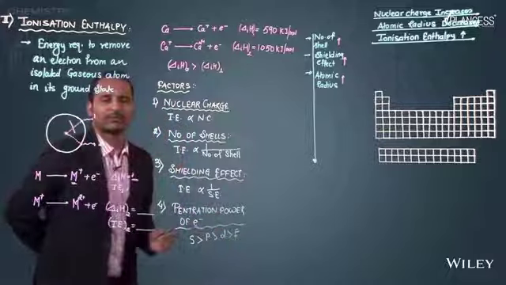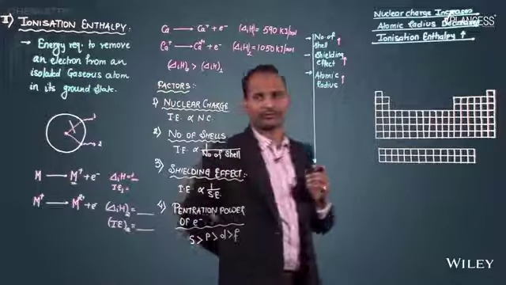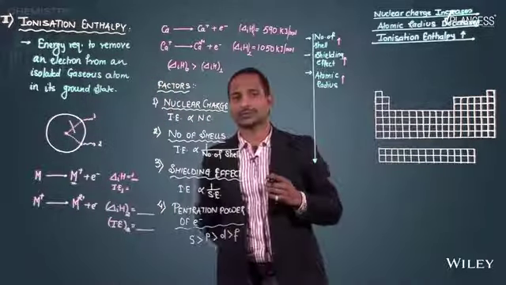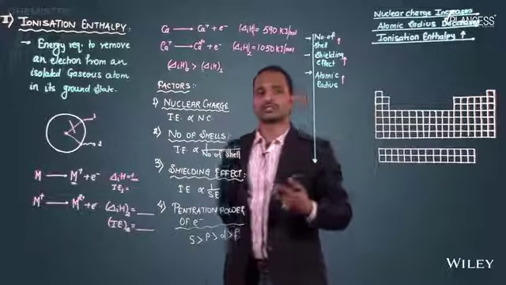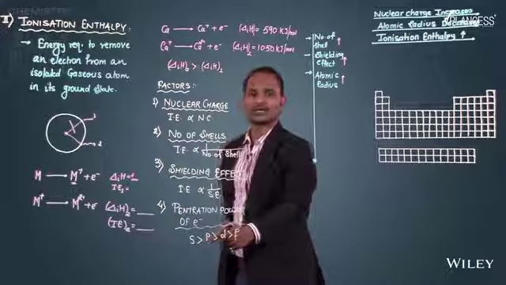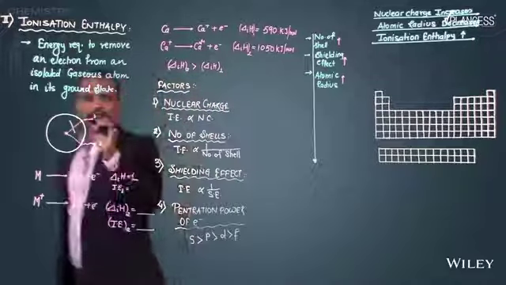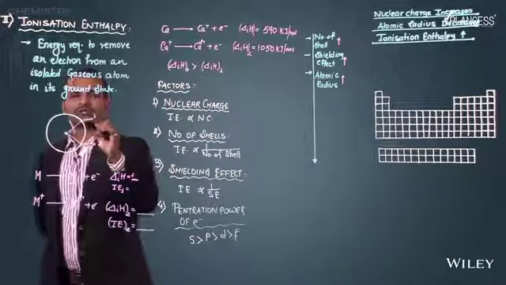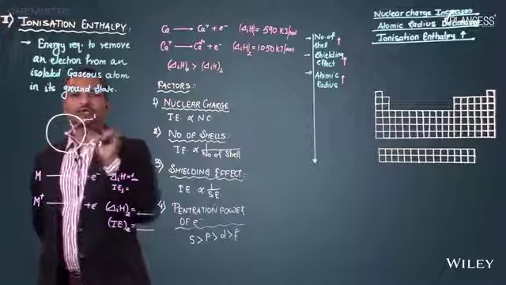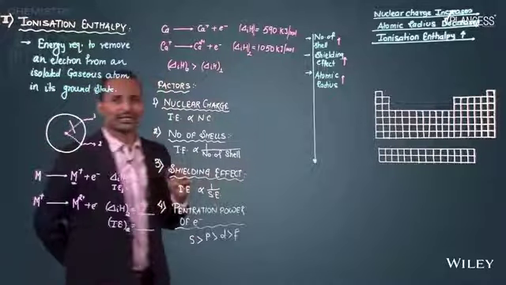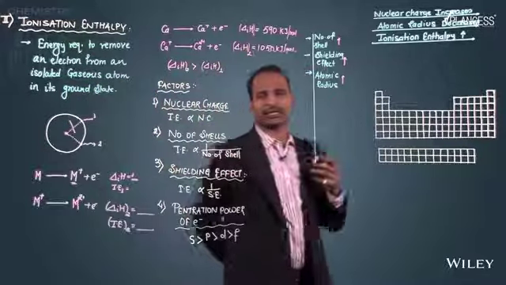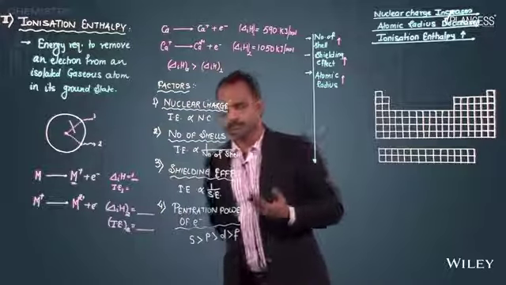Means if you want to remove an electron from the s orbital, then more energy is required compared to the p or d or f orbital. Suppose there are 4 electrons, meaning 2 electrons will be in the s orbital and 2 will be in the p orbital. In that case, which electron will require more energy?